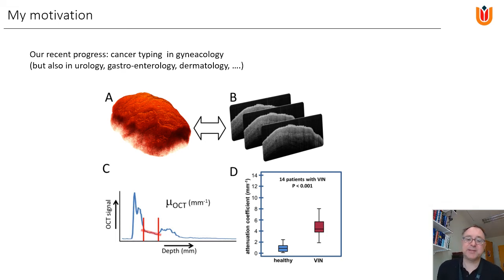And that is what you can see in panel D. If we, for example, look at the slope of this red curve in panel C, so the degree of decay in signal attenuation, we can see that there is a difference between healthy tissue in blue and precancerous tissue in purple in this case. So we can actually use this metric to discriminate between tissues that are cancerous or precancerous and those that are not.